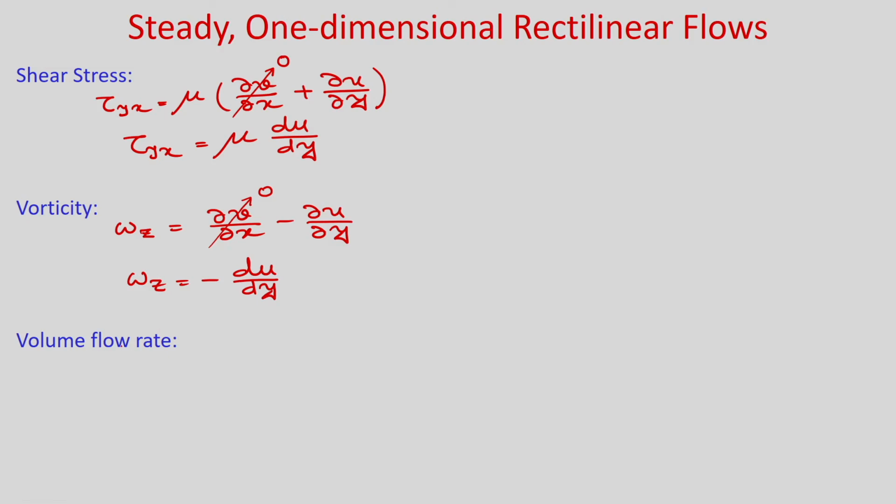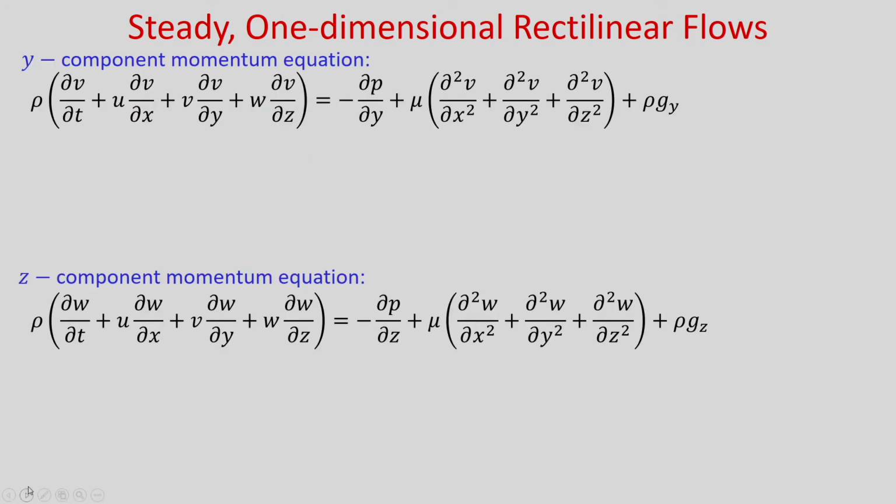Now, to find the volume flow rate at a particular cross section, you can find Q as just the area integral of u dA. Okay. So, once you integrate, then you will be able to find the volume flow rate at a particular cross section.